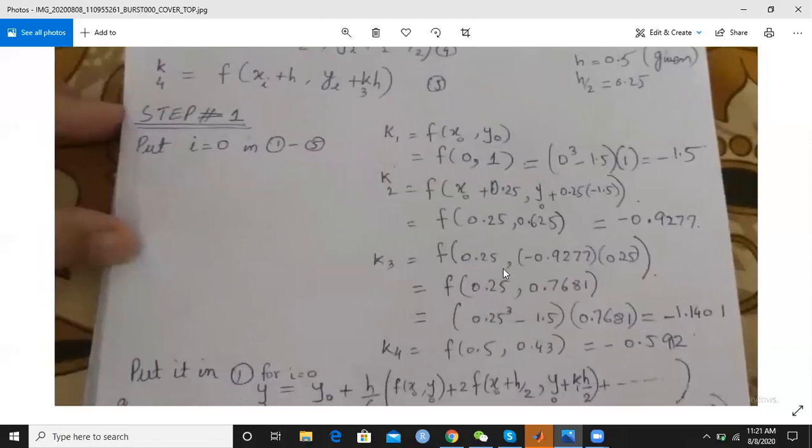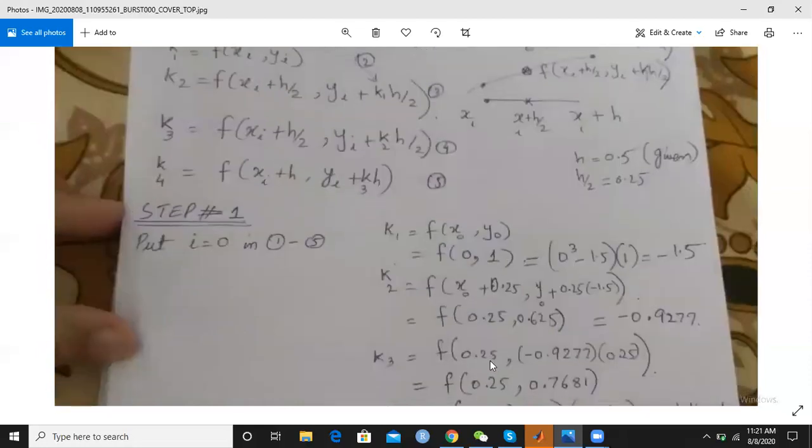We will get better accuracy. We will update the results at every consecutive step. Okay, so you can see k1 is used in k2, k2 is used in k3, where you can see for k3 I had x naught plus h by 2, and then k2 times h by 2. So k2 is minus 0.9277 and h by 2 is 0.25.